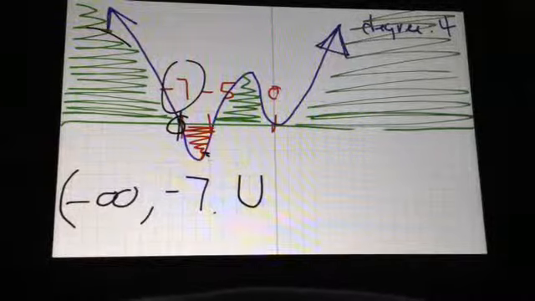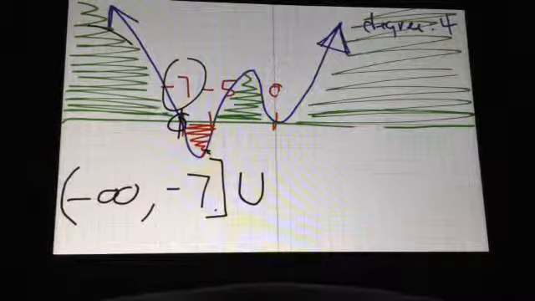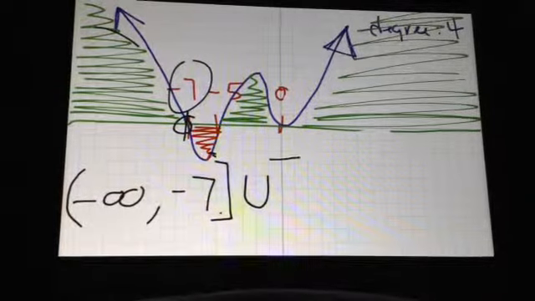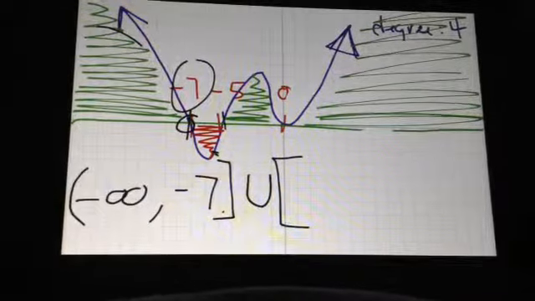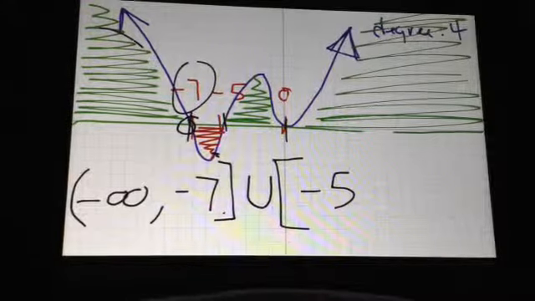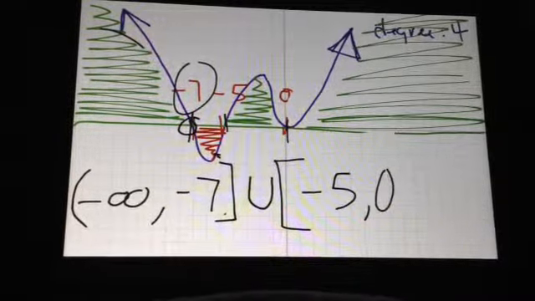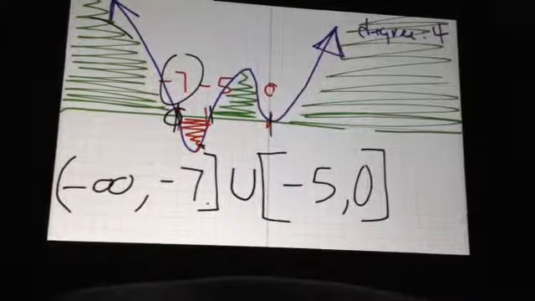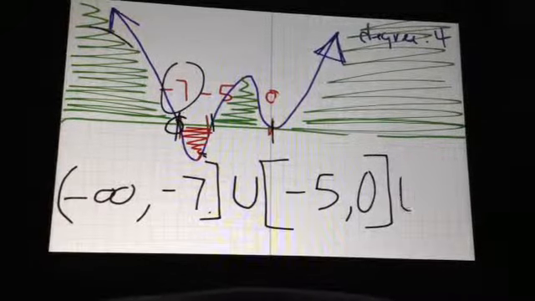So it ended up looking like this. Negative infinity to negative 7. And then we want to also include from here to here, which is negative 5 to 0, including 0. And then put another union sign.